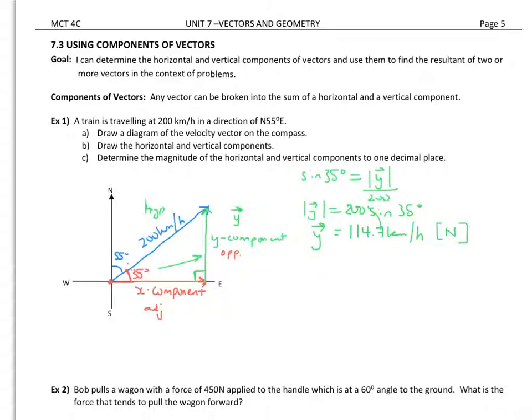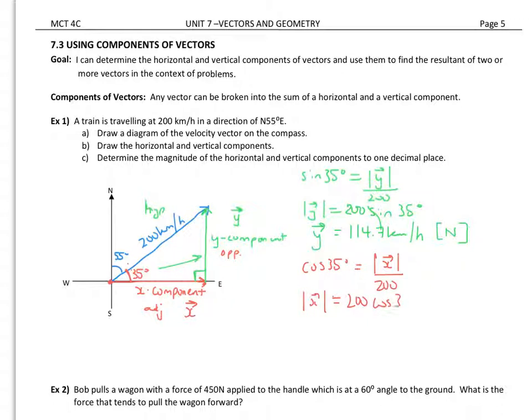To get the x component, I'm going to use an x vector for that. I would use the cosine. So the cosine of 35 degrees is going to equal the magnitude of x divided by the hypotenuse, which is the 200. So my magnitude of x is 200 times the cosine of 35 degrees.